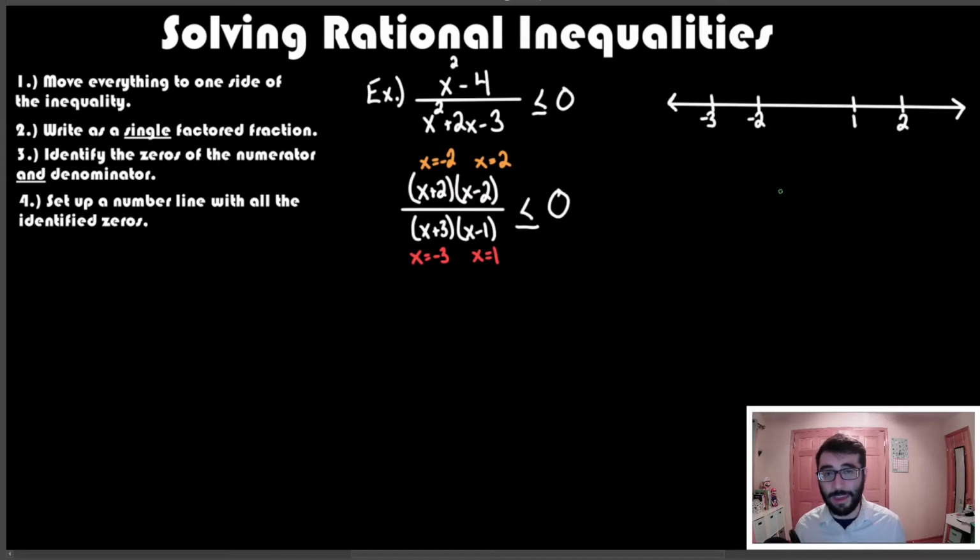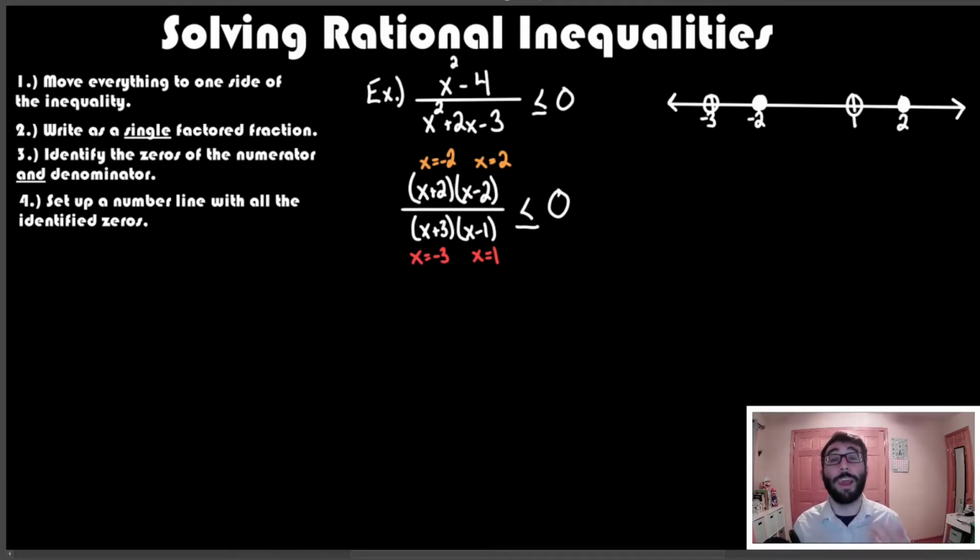The only thing is, we still cannot actually be 0 in our denominator because that means we'd be dividing by 0. Now, if this was strictly less than 0 or strictly greater than 0, everything would be open because we couldn't be 0 to begin with. But because of the or equal to, this presents us with a little bit of a situation here where we have to identify that, hey, we can be negative 2 and positive 2 because those are values that make our numerator equal to 0, which is okay because it's or equal to 0.